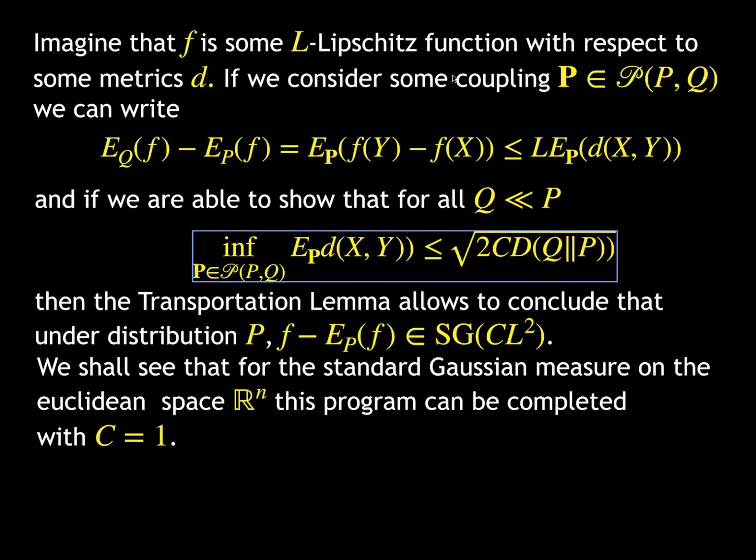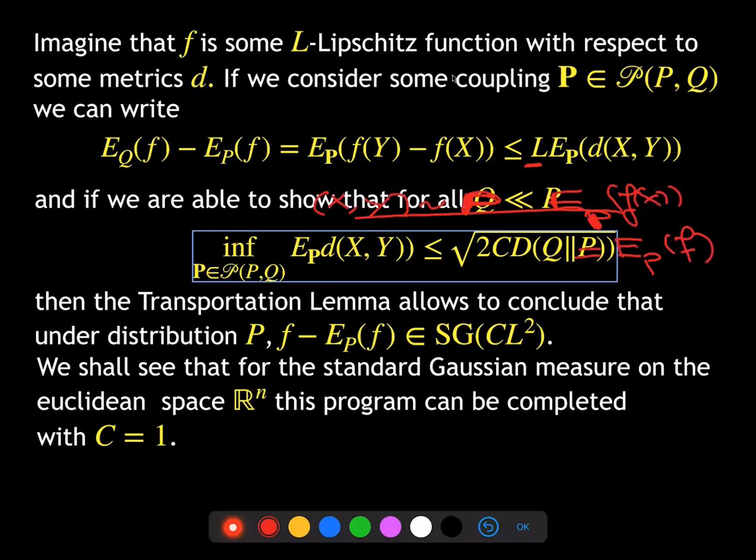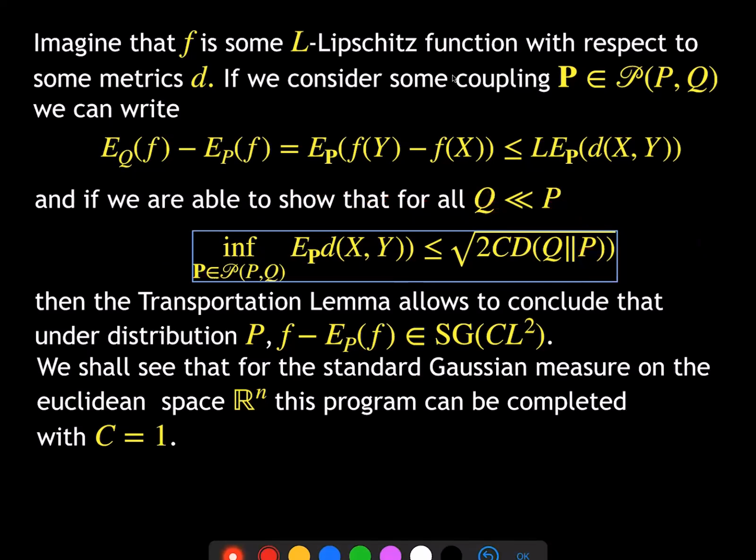So this scheme here, we shall see that it works perfectly well in the Gaussian case. In the Gaussian case, we shall see that it's possible to prove the transportation inequality of this form here, and this transportation inequality itself will imply concentration just by using this scheme.